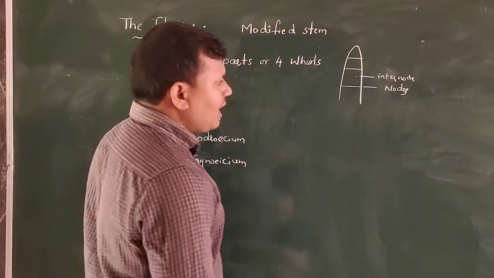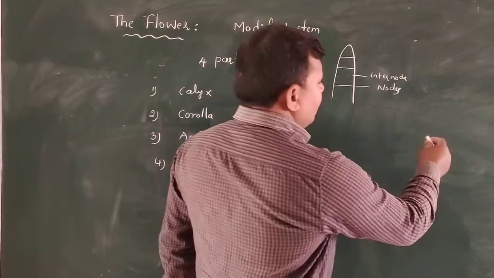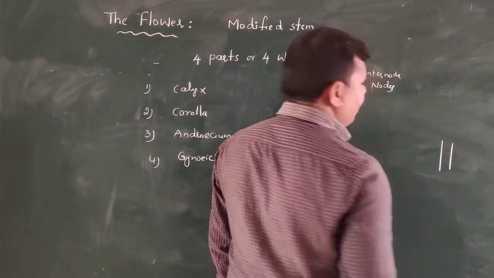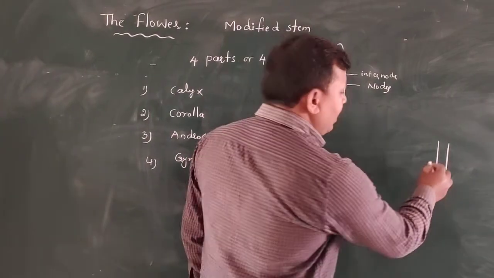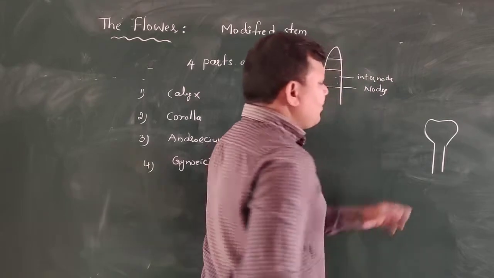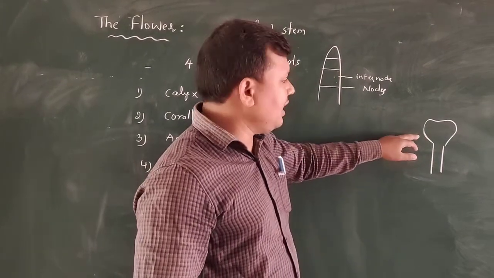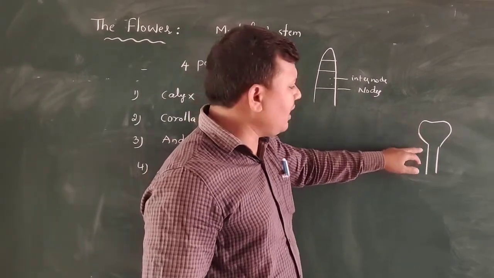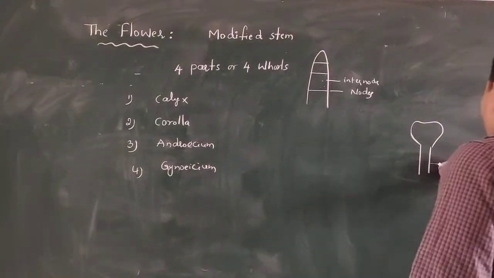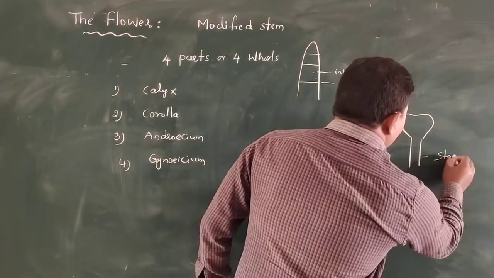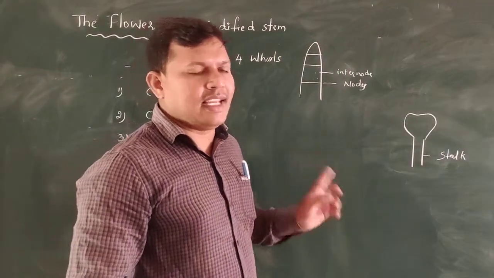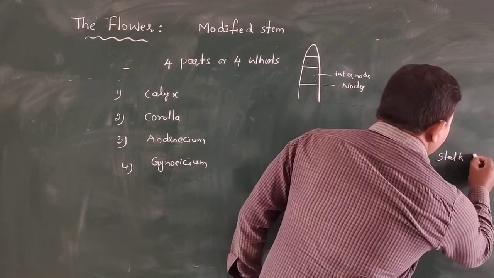If we look at the structure of the flower, this is the stalk of the flower, and on the stalk we see a swollen structure. The stalk of the flower we call the pedicel.